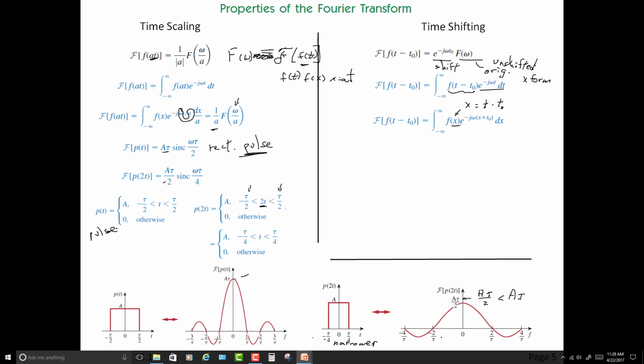So if I turn this into f of x, now here I substitute x. For x, I substitute t minus t0, right? So x is t minus t0, so t is x plus t0. Now dx is dt, right?